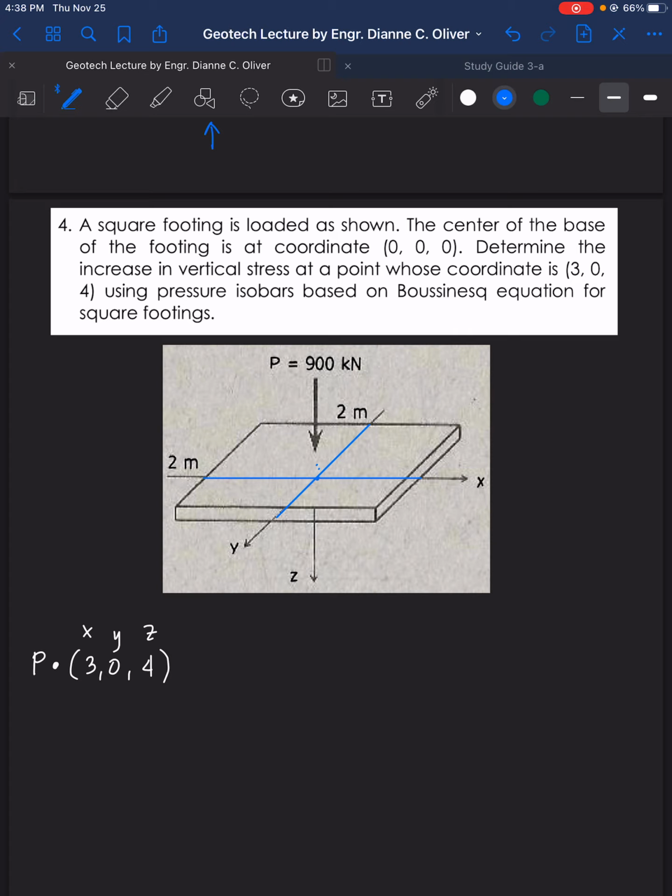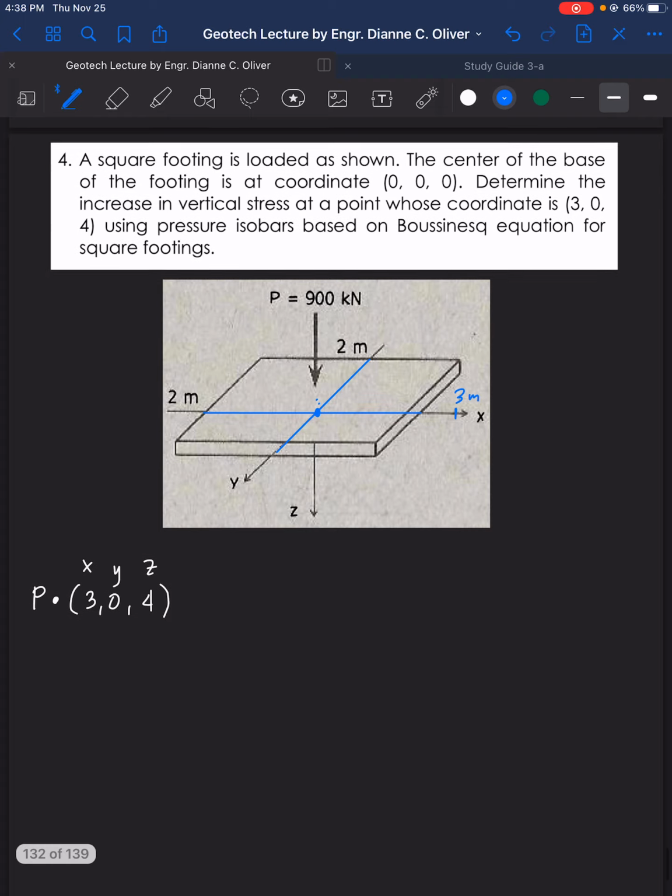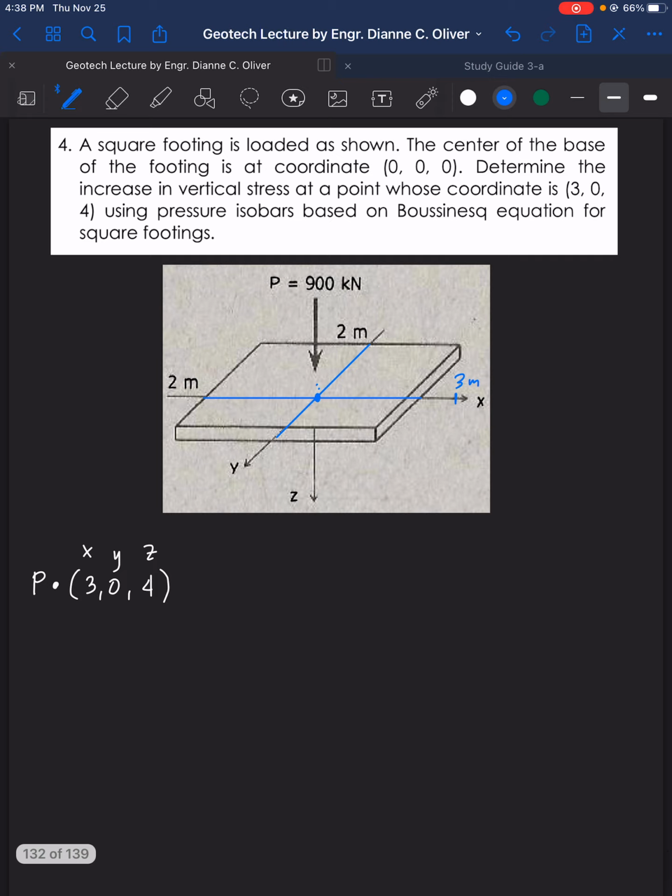Okay, so if this is point 0, 0, then this is the x-axis, 3 meters. This is 2, therefore it's located somewhere here. This is 3 meters. And then we have the 4-meter depth.